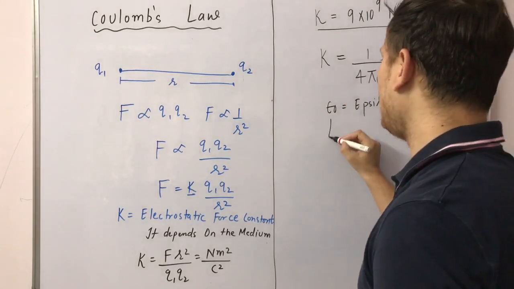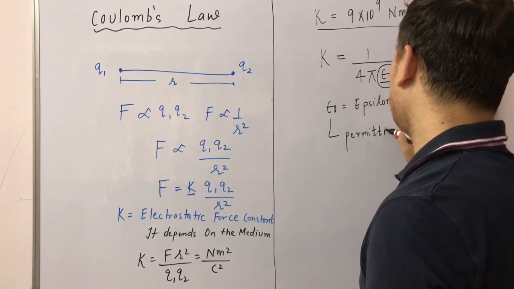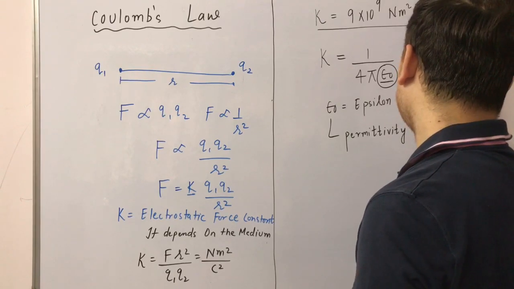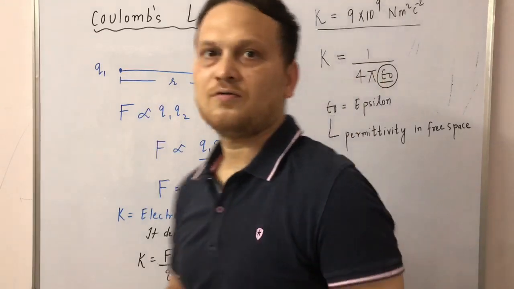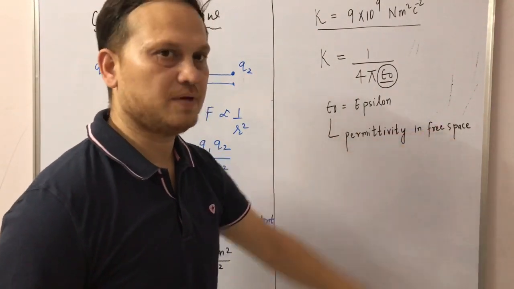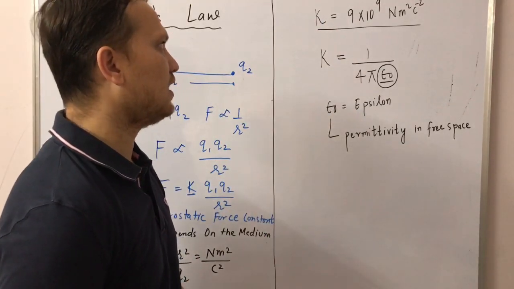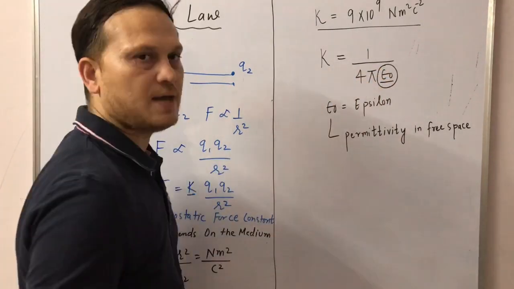Epsilon naught is called the permittivity in free space. So we have the value 9 into 10 to the power 9 Newton meter square per Coulomb square, and K equals 1 upon 4 pi epsilon naught.